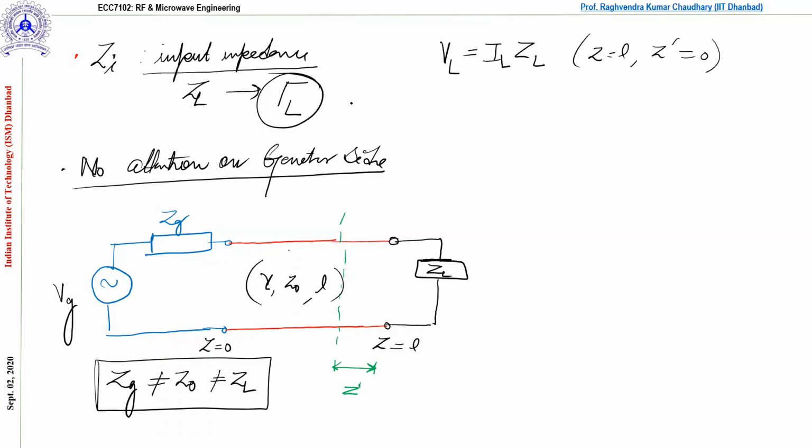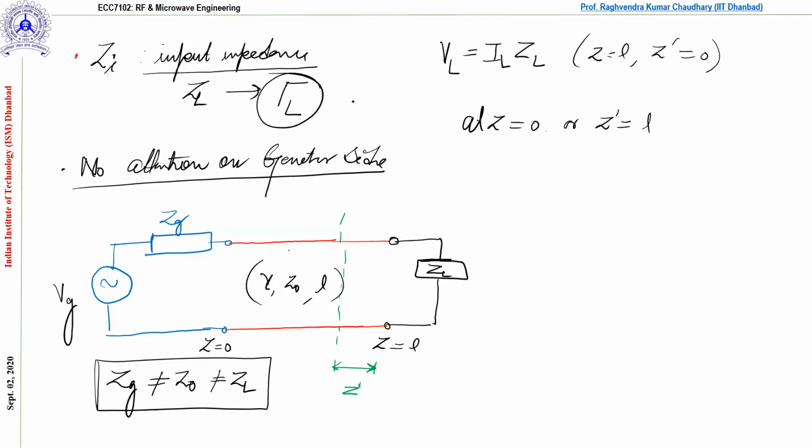So if I talk particularly about the source side, at Z equal to 0 or Z dash equal to L. Both the things I'm writing, so you can opt for either of these two actually.